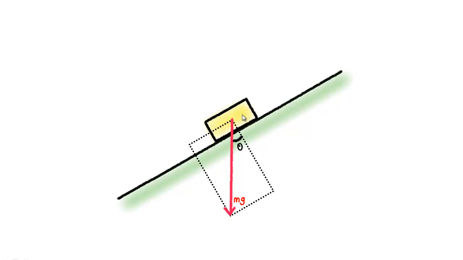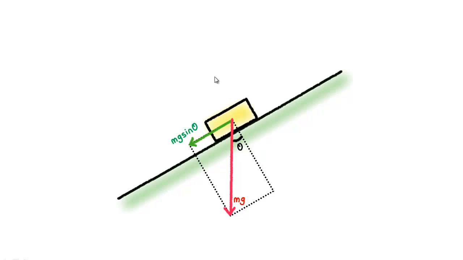So we have to imagine a rectangle whose sides are parallel to the slope and perpendicular to the slope. Fit our rectangle to the vector that we are trying to resolve. So this is the hypotenuse. So the component parallel to the slope, when viewed from this angle, is the opposite side. So it's going to be mg sine theta.